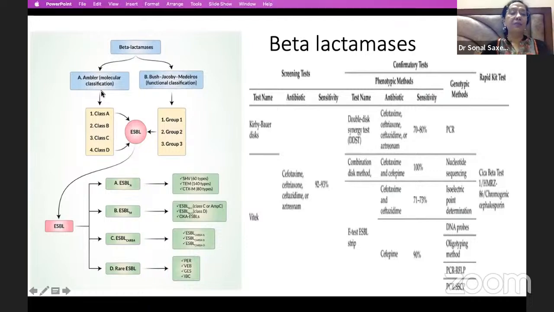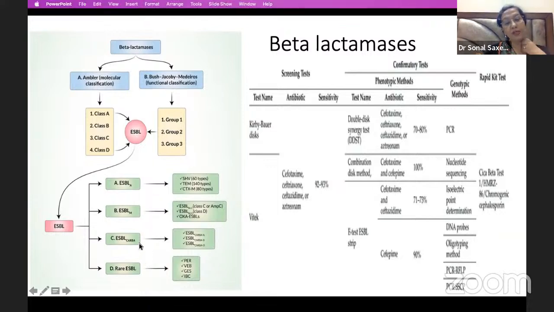What are beta-lactamases? If you classify them as per Ambler classification, you classify them into 4. And if you use the molecular one, that is the Bush-Jacoby classification, that is a functional classification, sorry, then it is group 1, 2, and 3. Now, the extended spectrum beta-lactamases can be grouped into 4 parts.